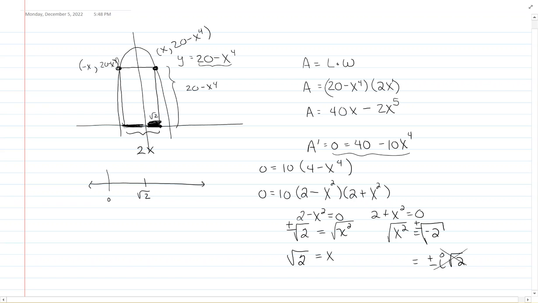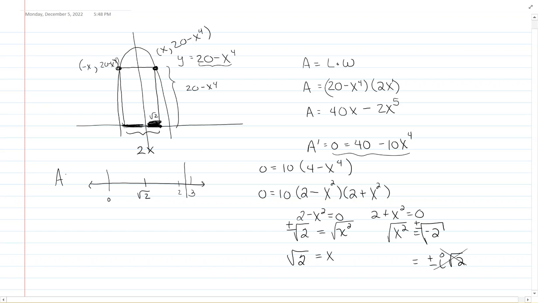I can't have a negative length. But if I let x equal 2, 2 to the fourth is 16, and 20 minus 16 is reasonable. 3 to the fourth is 81, and 20 minus 81 is a negative height. So it's got to be less than 3, but a little bit bigger than 2. So somewhere between 2 and 3 is where my cutoff point is.